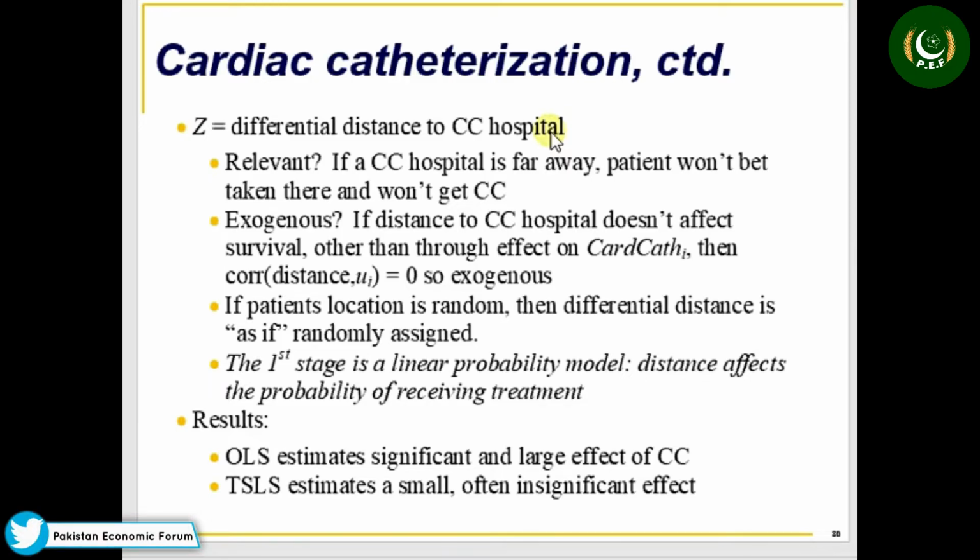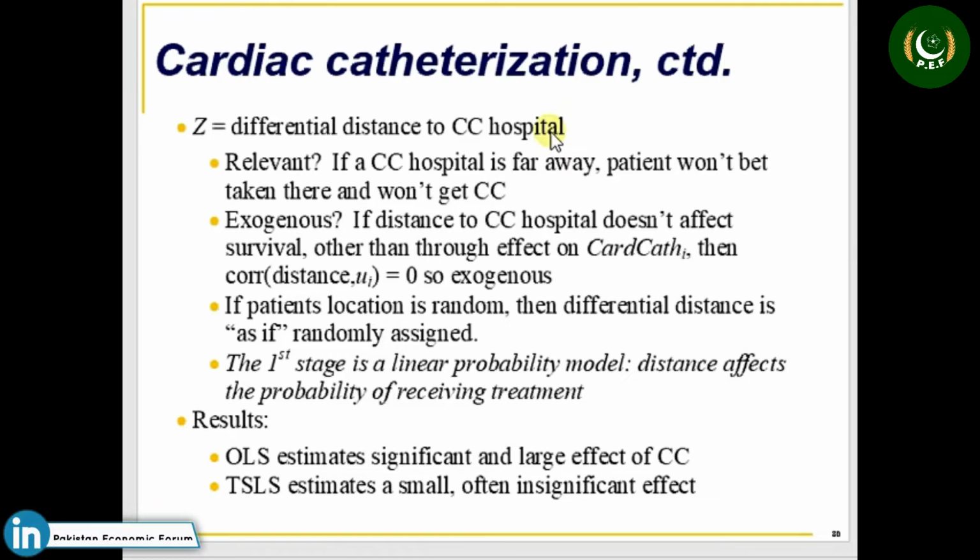If the distance is more, you may go to a regular hospital. So the instrument used was the distance between the regular hospital and the cardiac catheterization hospital, because whether you are healthy or not, once you have a cardiac problem, if the cardiac catheterization hospital is not nearby, you will go to a regular hospital.